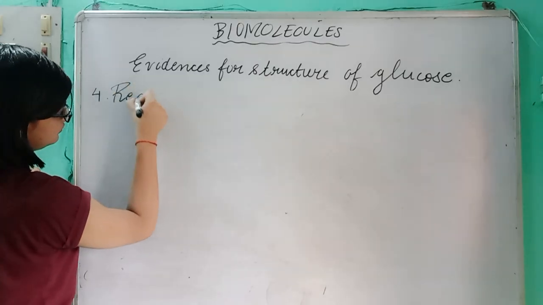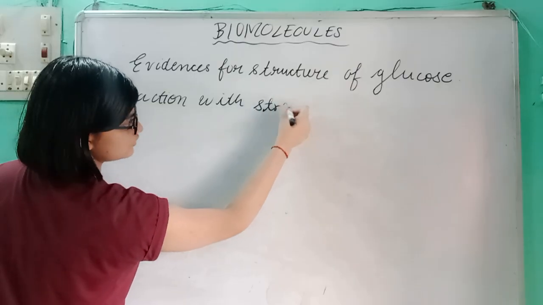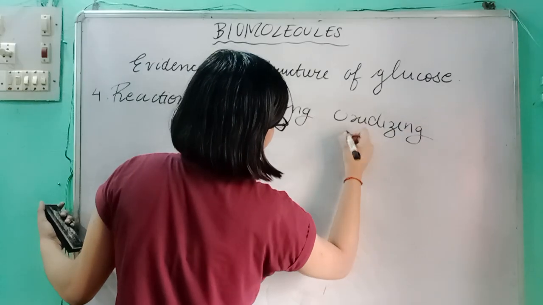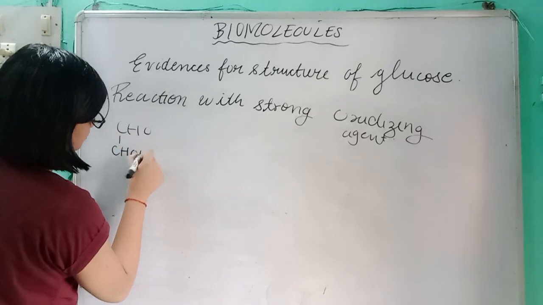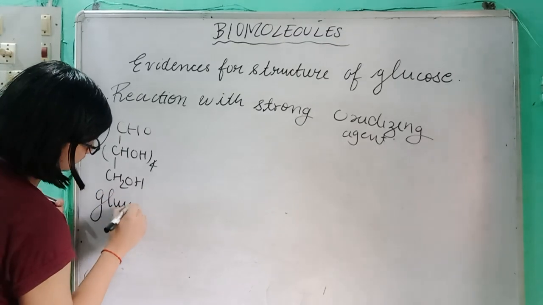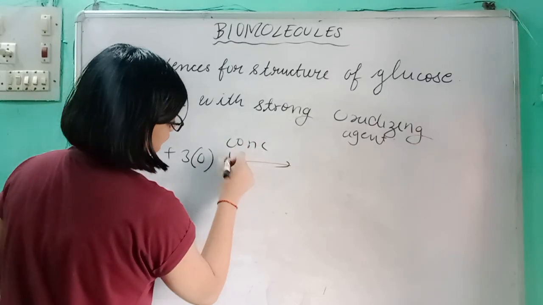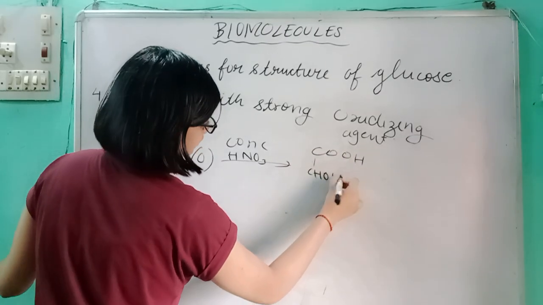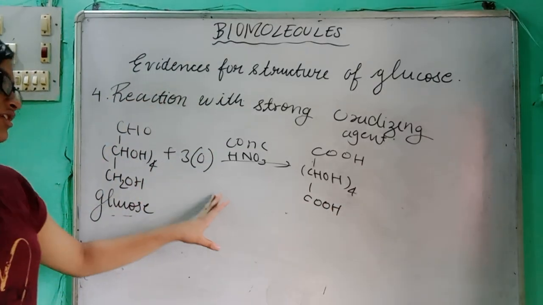CHO, CHOH, CH2OH, glucose, reacting with a strong oxidizing agent, such a structure is obtained. So, whenever glucose reacts with concentrated nitric acid, we obtain a structure like this.